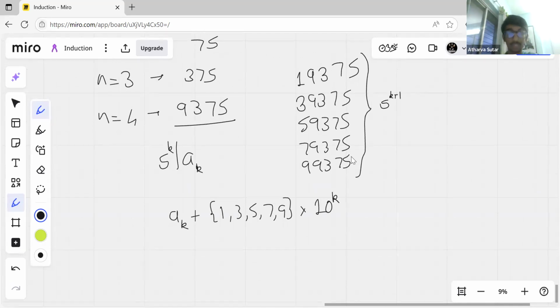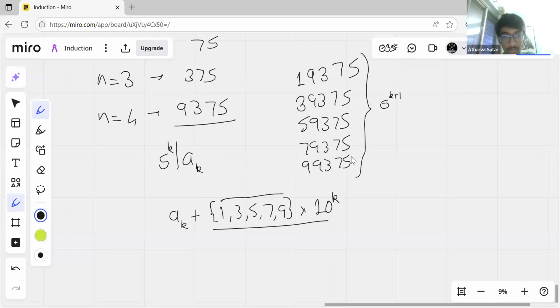So this term will be divisible by 5 to the k. And now all of these 5 different terms will have distinct remainders mod 5 to the k plus 1, right? Because all of these are distinct mod 5.